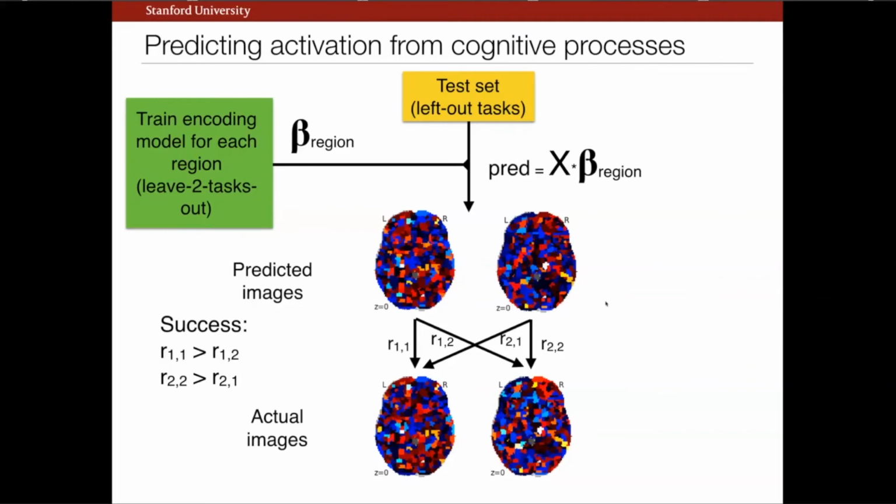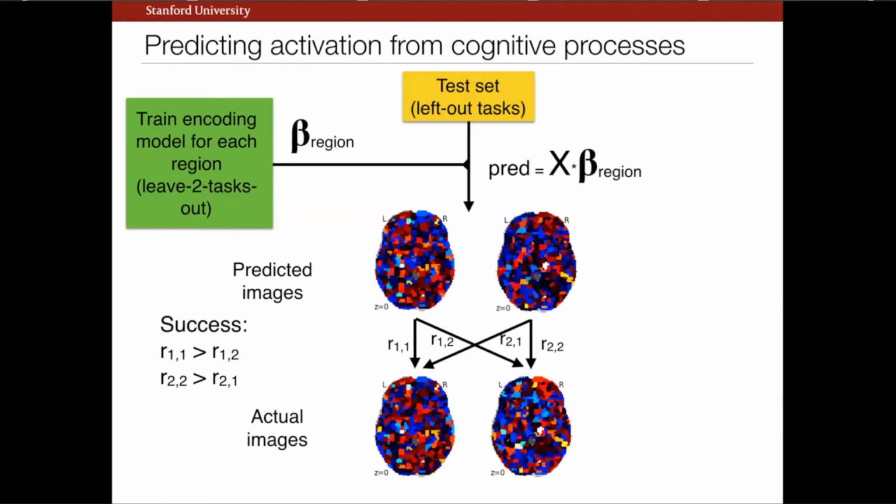And then the question is, how do we assess our success? The way that we've done it, and obviously there's many ways to do this, I think is nice because it's interpretable in terms of the metric that you get, which is how successful are you at matching the predicted images to the actual images for those tasks. So for each one of those left out tests, we have the actual image for each subject.